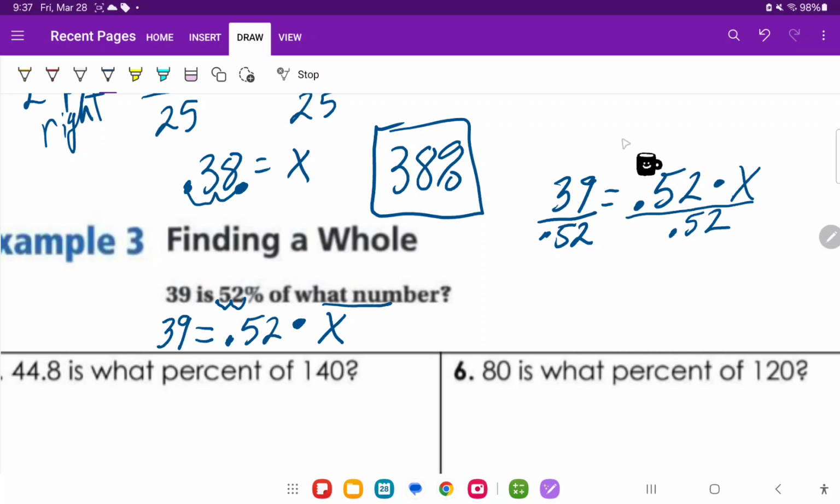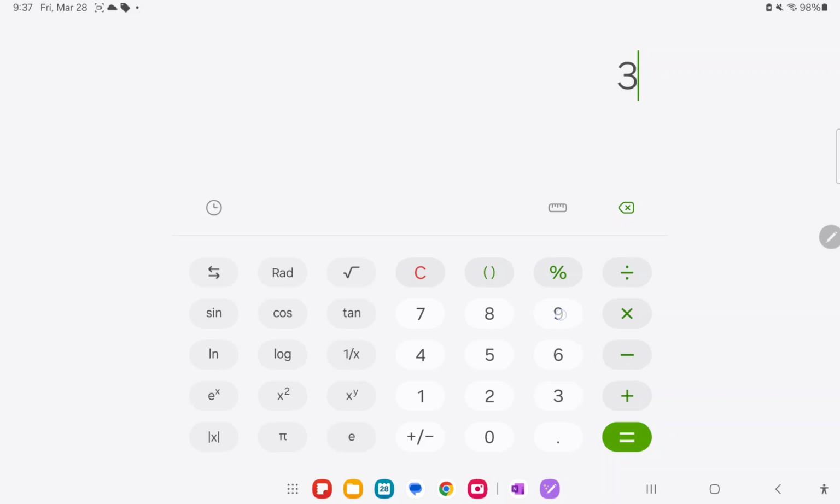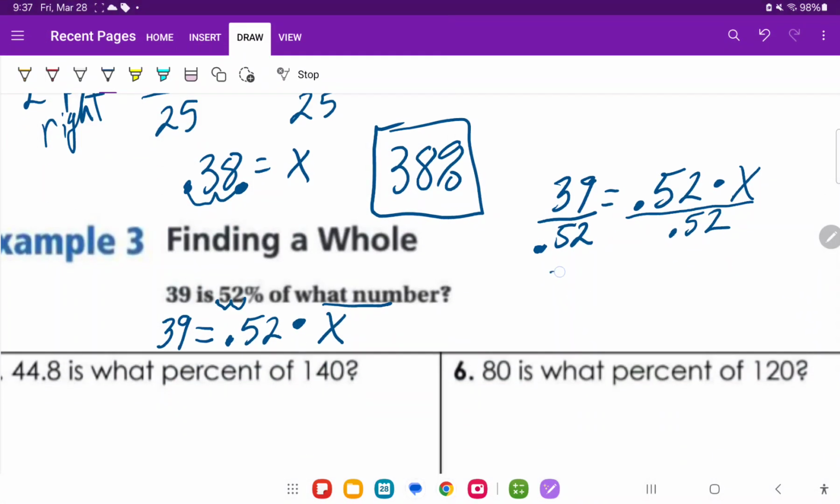So 39 divided by 0.52. That is going to give me 75. So 75 would equal x. Therefore, 39 is 52% of 75.